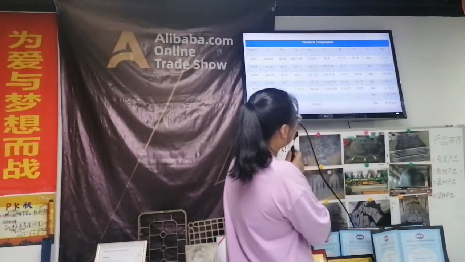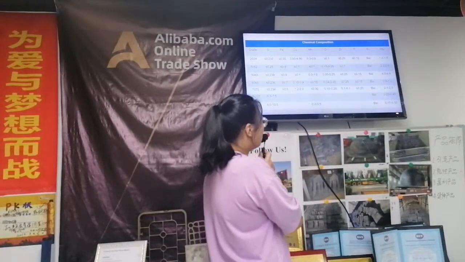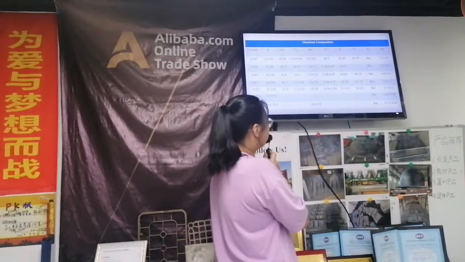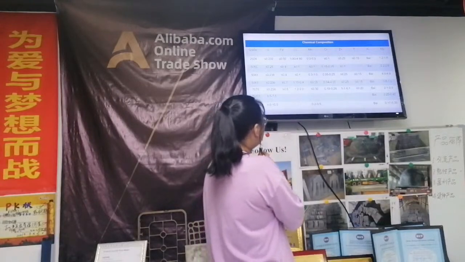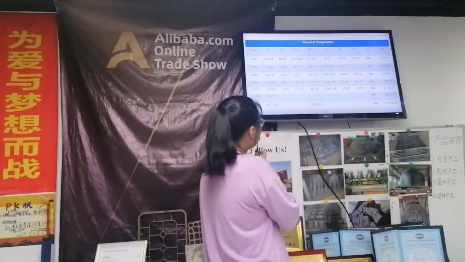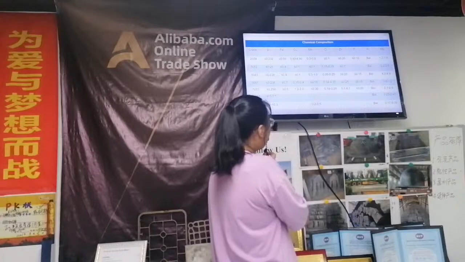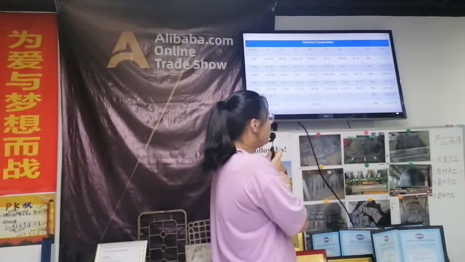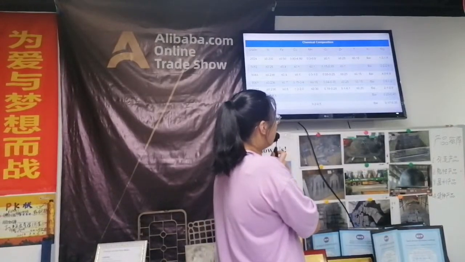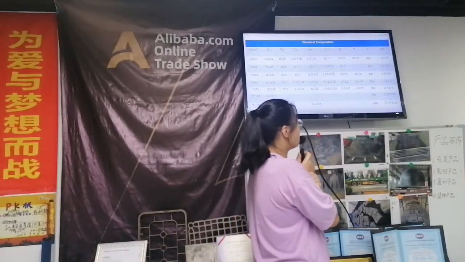The magnesium is 0.25 to 2.45. For DL104, the silicon is 8.0 to 10.5%. The magnesium is 0.2 to 0.5%, and the aluminum is balanced.